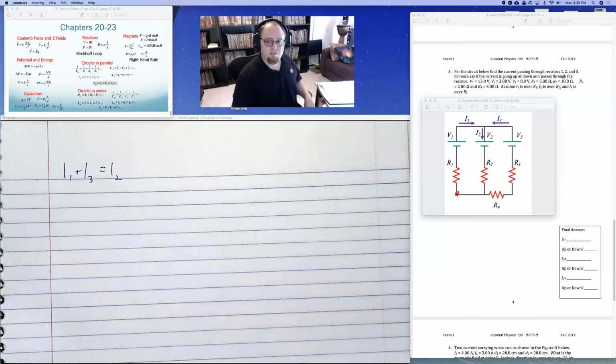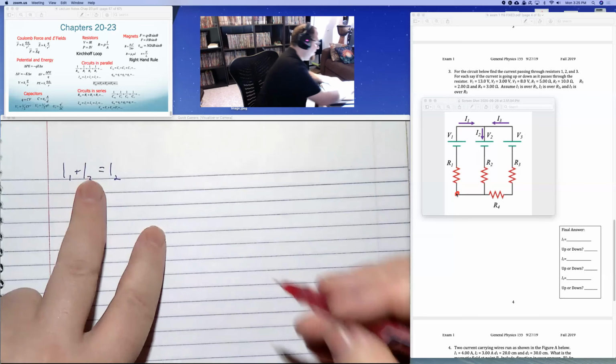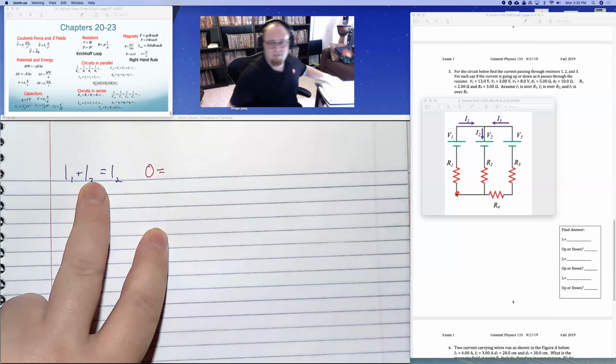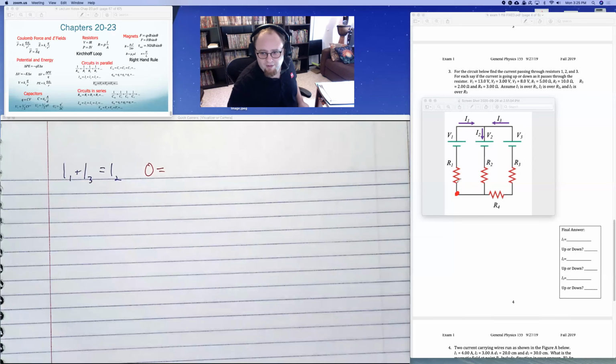Now, if I do this, I know over any closed loop, the total potential drop is 0. And if I make my way up, I'm going to switch the color to something that isn't being used here, which is most everything, blue, just because of the resistor. So I'm going to make my way up. The first thing I do is I pass a resistor.